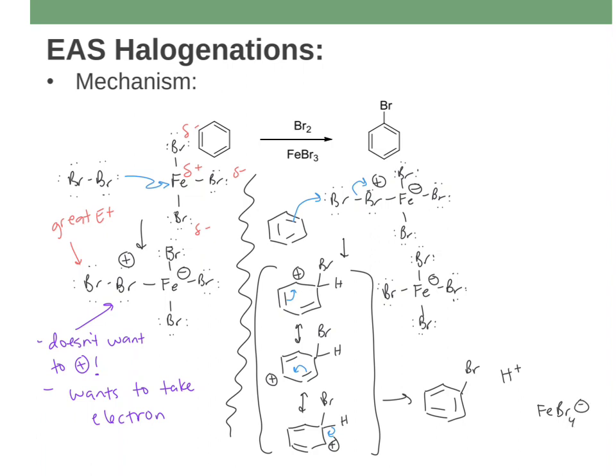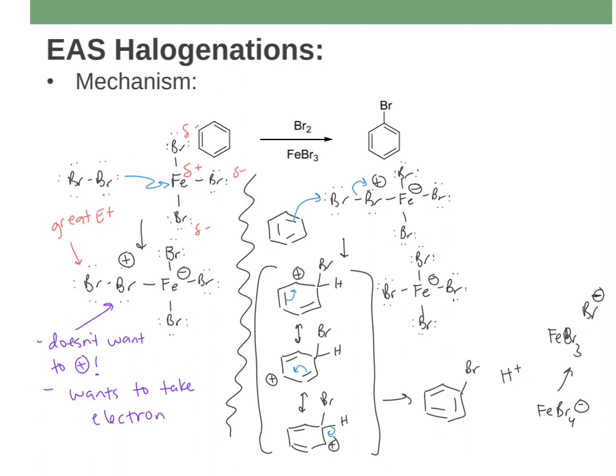Now, I don't really care about you showing me the mechanism of the iron thing, but that iron would then spit out one of those bromides so that it becomes FeBr3 again, and you have Br minus. And then that catalyst, that FeBr3, can go back and catalyze another one of these reactions. So it gets regenerated.